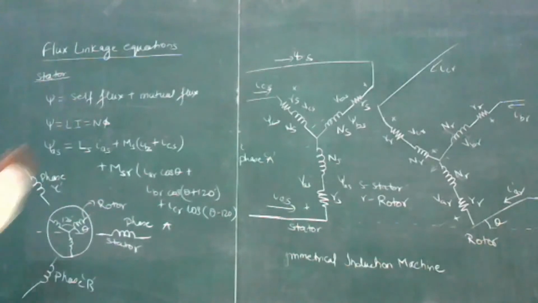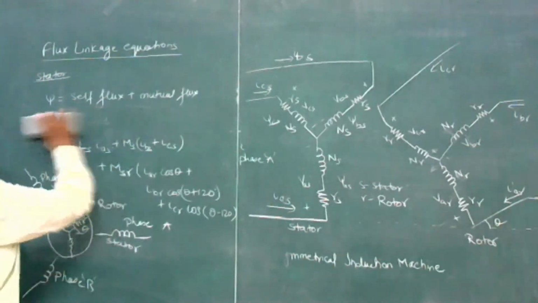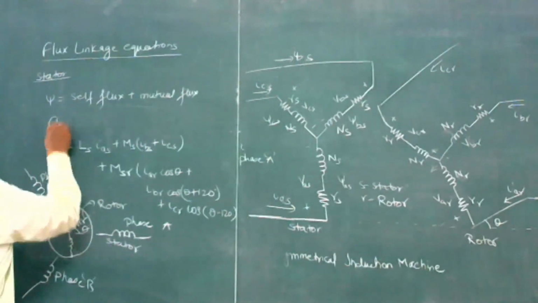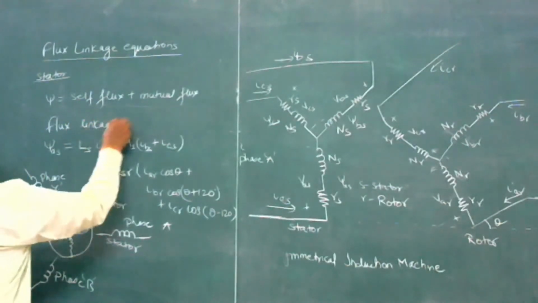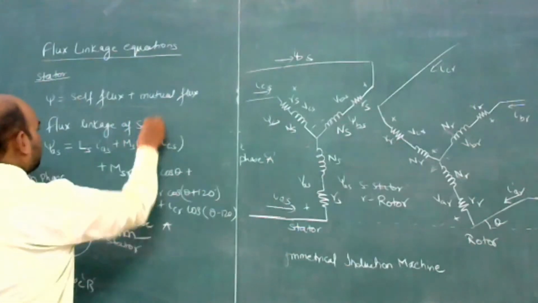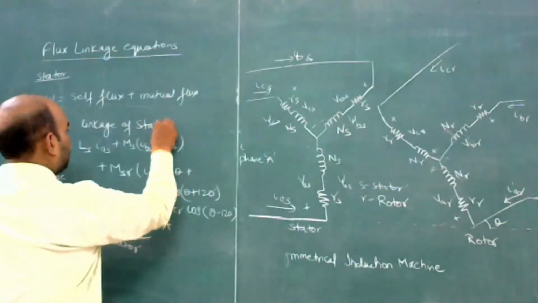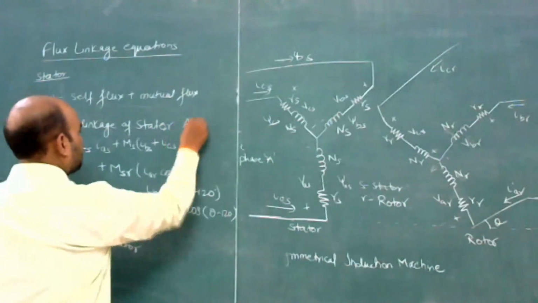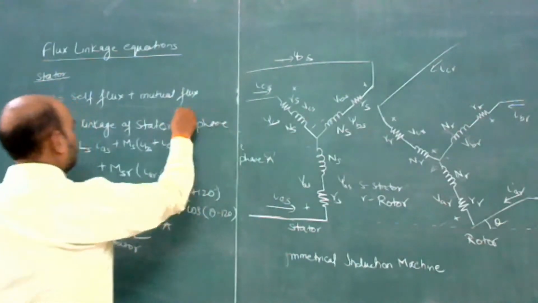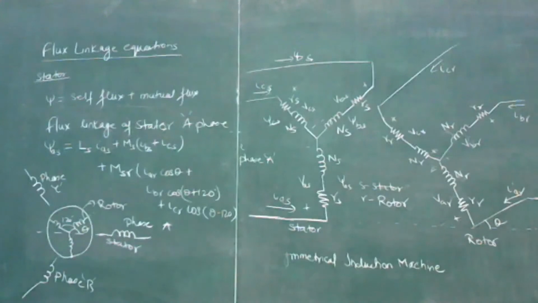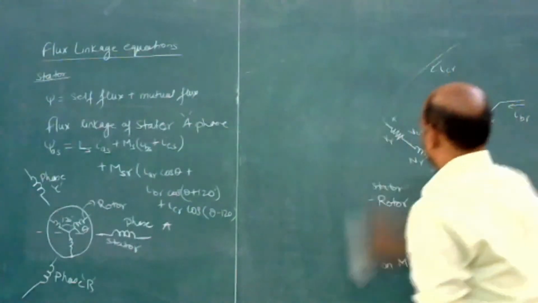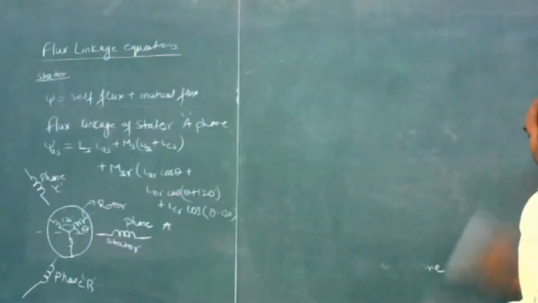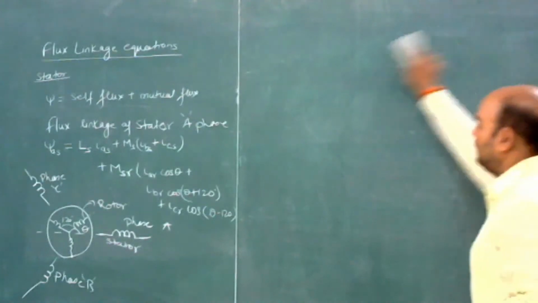So this is the flux linkage of stator phase A. Similarly, we can write the flux linkage equation for phase B and phase C of the stator.